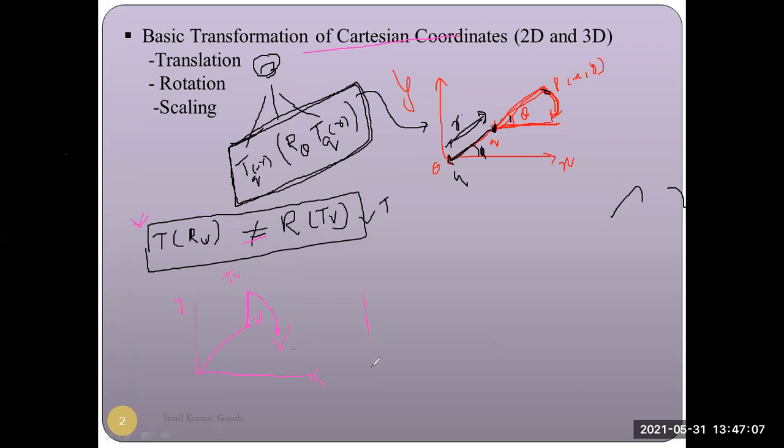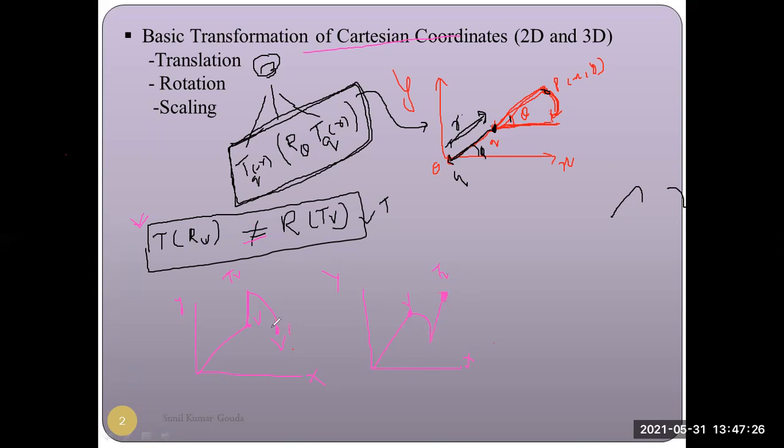Similarly, if I perform the same thing in reverse order, suppose this is my point V. Now I perform the rotation, then suppose I translate with a vector V. Now this will be TV. Then it will be the final point.